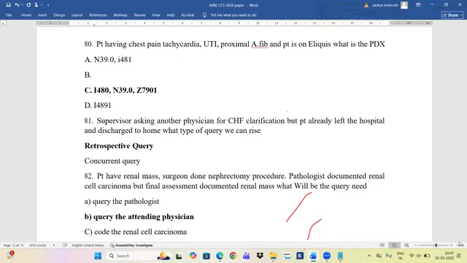Then urinary tract infection, then long-term use of Eliquis, an anticoagulant.